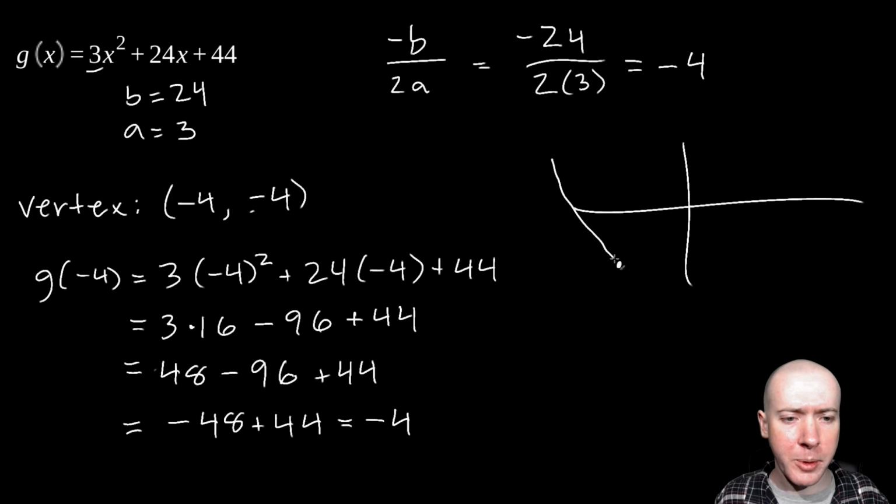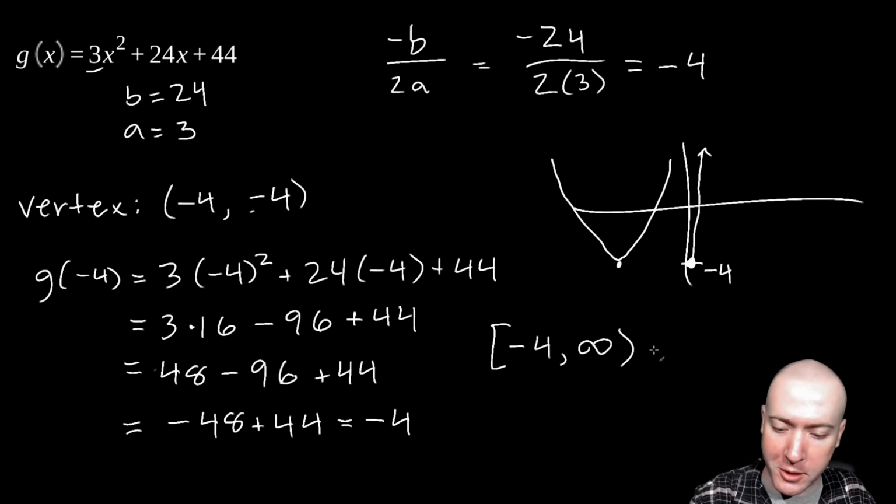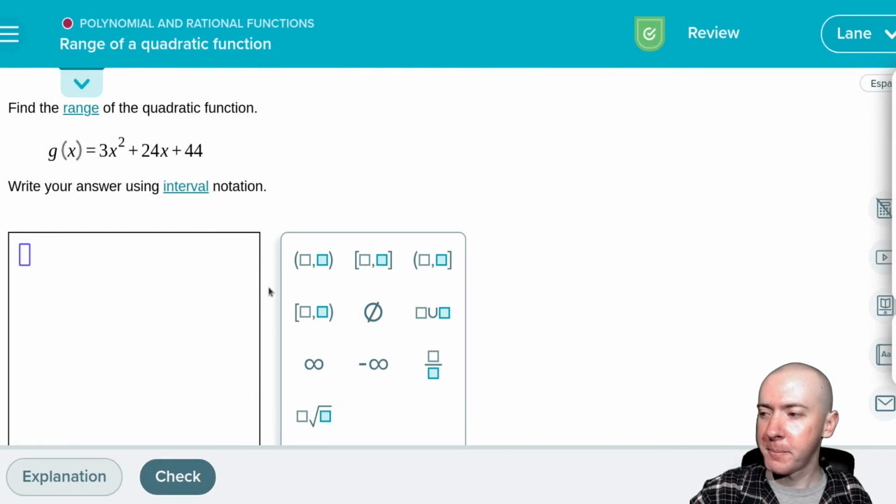The parabola is opening up. That's not a very good parabola. It's kind of pointy, but the range of the function is going to be from negative 4 to infinity. So we would write that like this, bracket negative 4, comma, infinity, parenthesis. So let's go over to Alex and put that in.